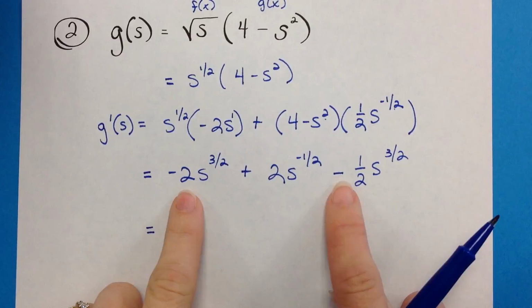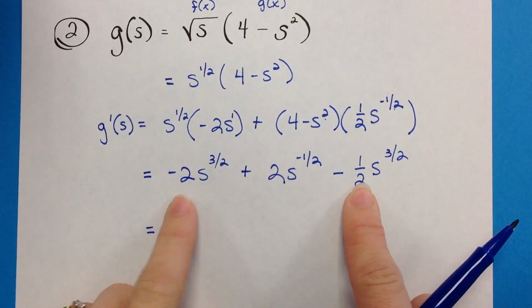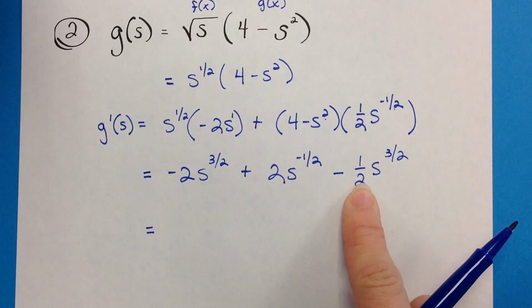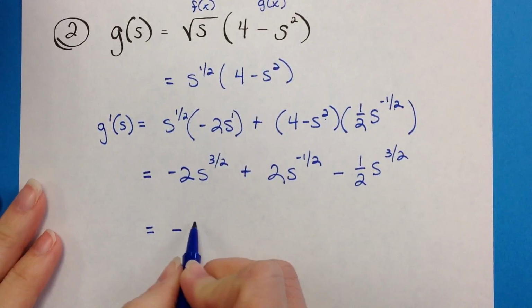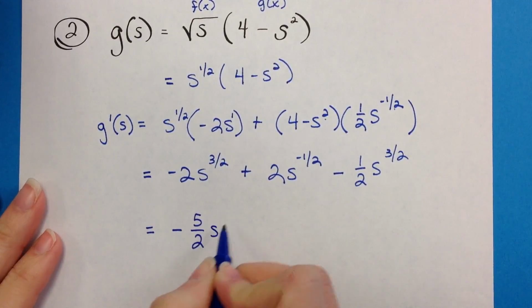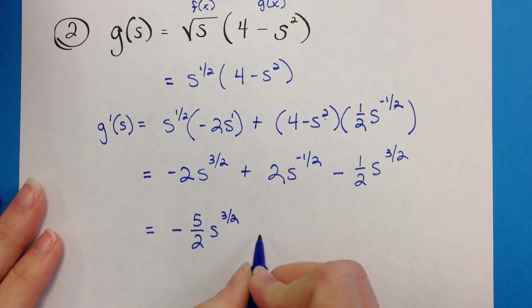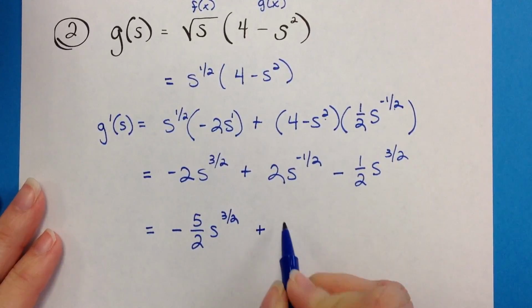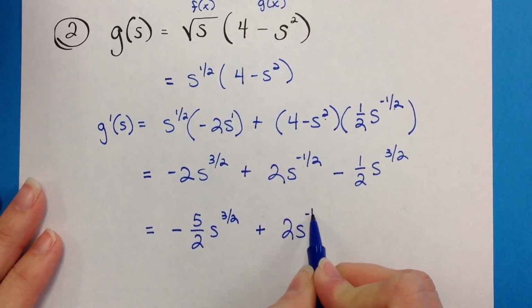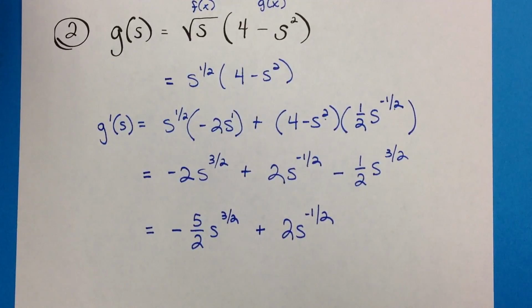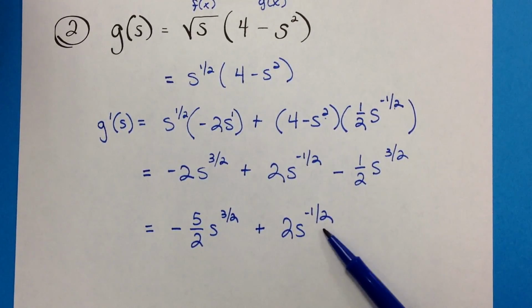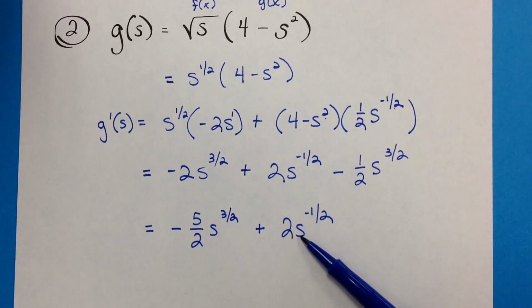So you'd have negative 2 minus 1/2, so that would end up giving us negative 5/2 s to the 3/2 plus 2s to the negative 1/2. And one last thing, and I actually should have just gone ahead and done this in the same step. You would want to rewrite this term so that you have a positive exponent.